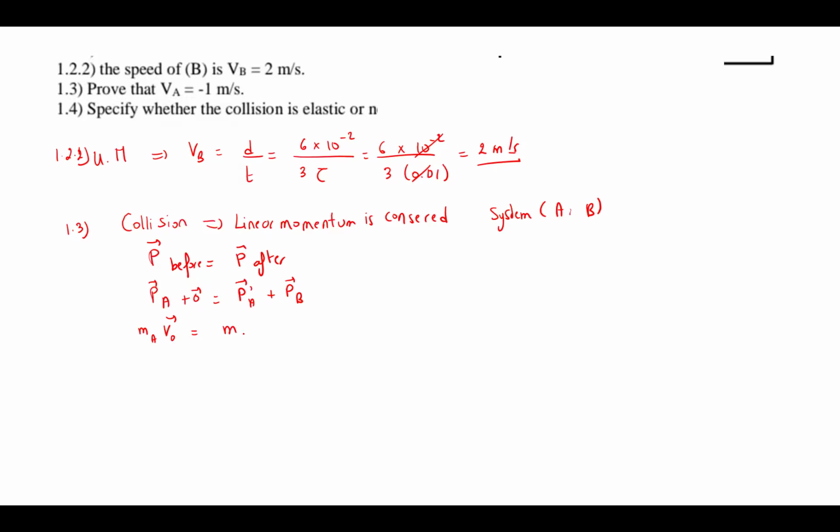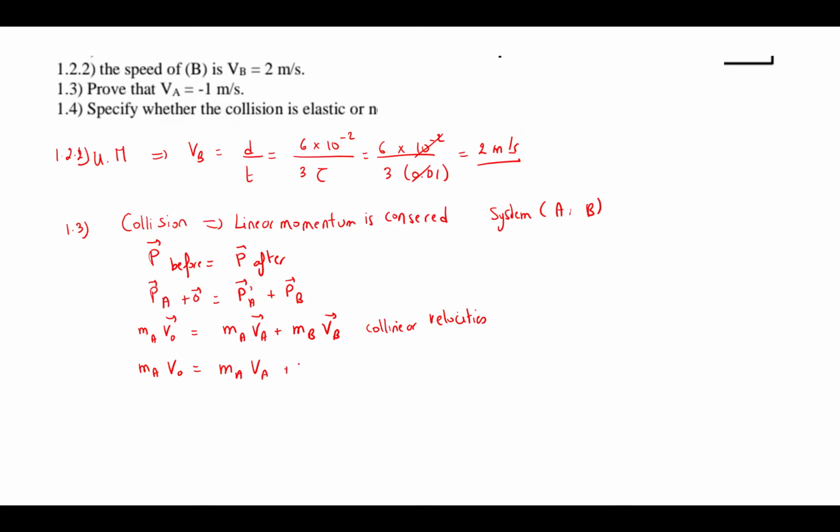And for the after, I have MA VA plus MB VB. And now we can substitute. Our aim is to find VA. And since I'm working with collinear velocities, they're on the same line, then I can put it in this way. I'll have 0 equals MA VA plus MB VB, as null vectors.